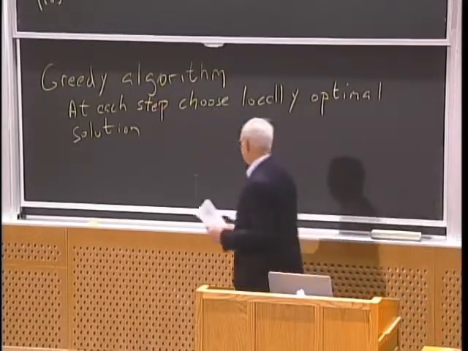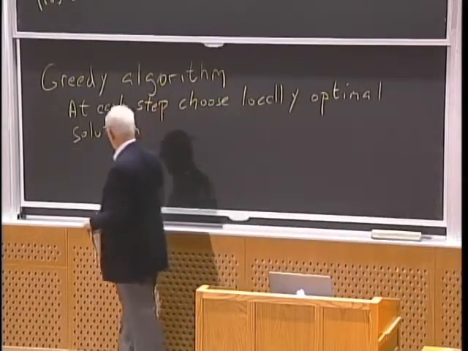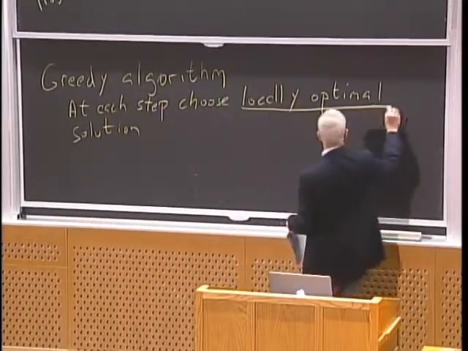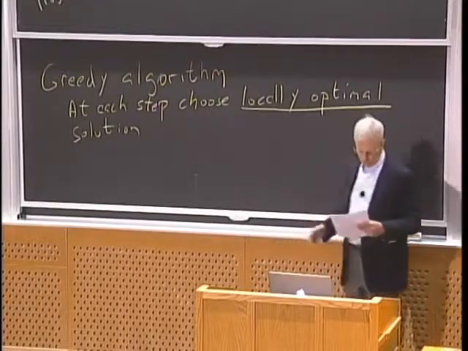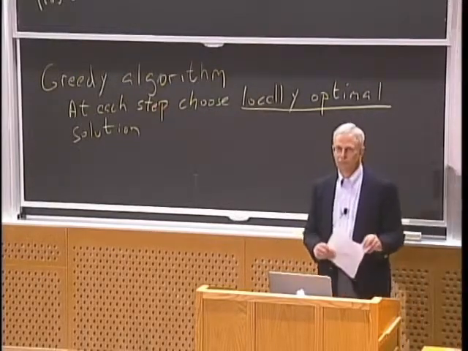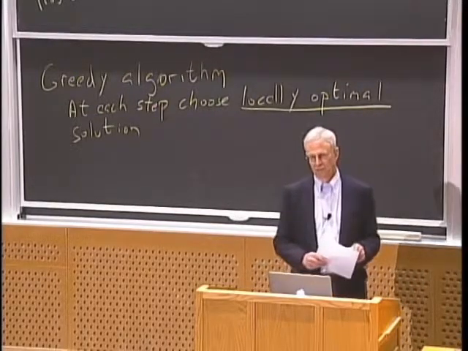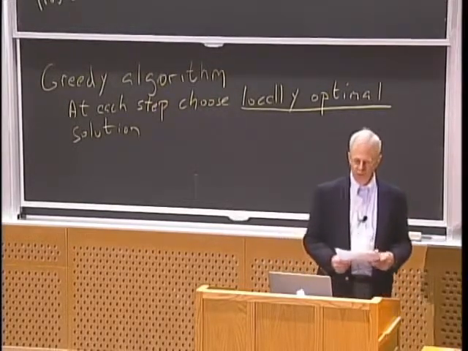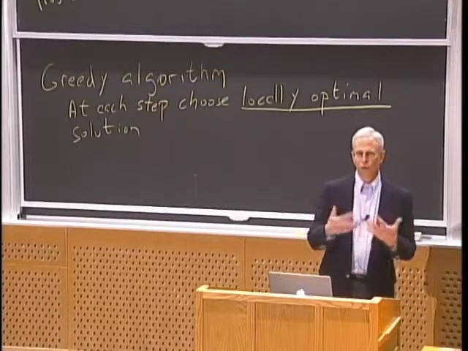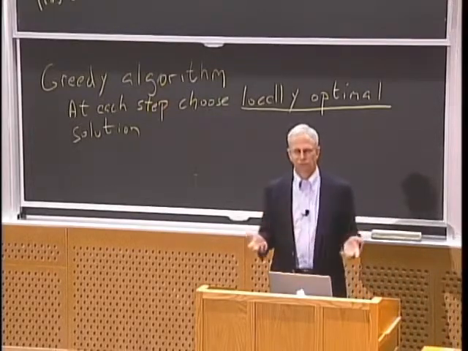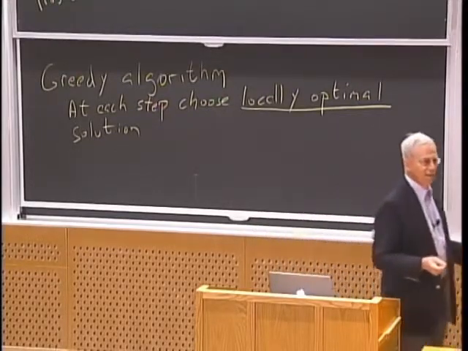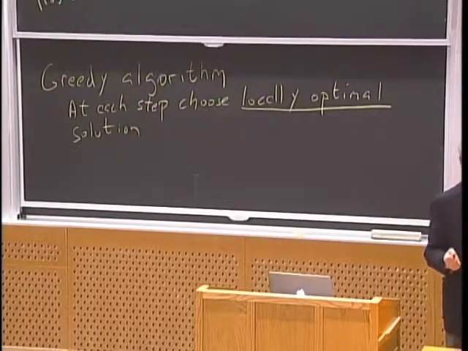Now, of course, to do that, that assumes that we know at each stage what we mean by locally optimal. And of course, we have choices here. We're trying to figure out, in some sense, what greedy algorithm, what approach to being greedy will give us the best result. So one could, for example, say, all right, at each step I'll choose the most valuable item and put that in my knapsack.